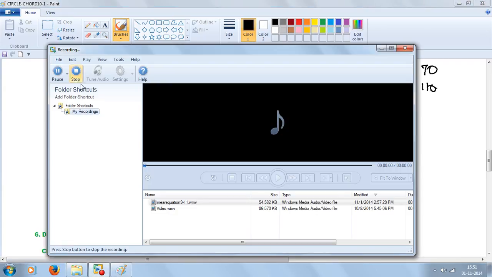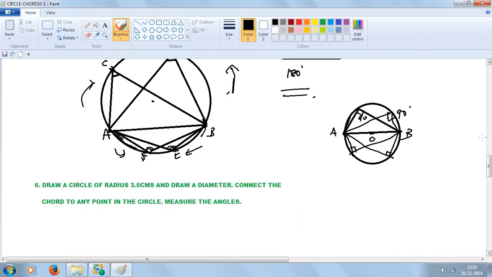Now we are given an example. You can do problem 6 yourself. In case of diameter, the angle is 90 degrees. Okay, you please draw the diagram and check. Thank you.